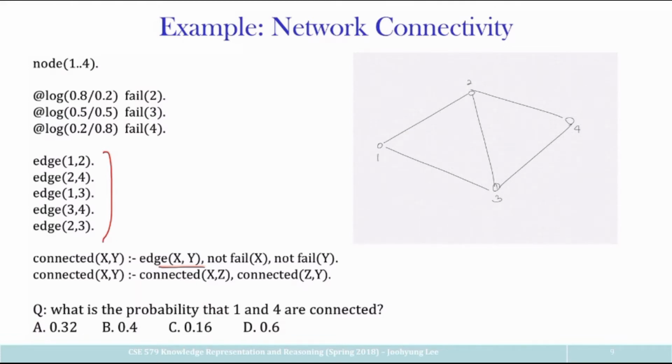20%. That's actually given here, right? 80% is the chance for the fail. How about nodes 2 and 4?